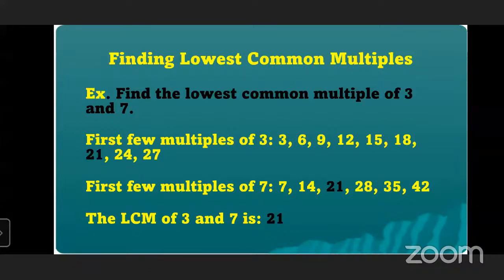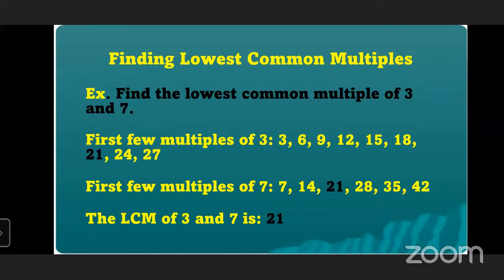So let's check the table of 3: 3, 6, 9, 12, 15, 18, 21, 24, 27. Now these are the multiples of 3. And now we will check the multiples of 7: 7, 14, 21, 28, 35, 42.